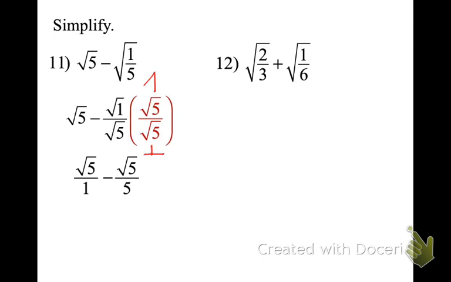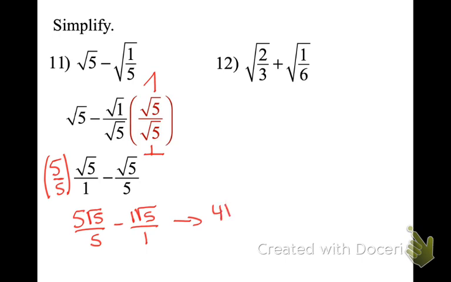I pull out a 5. Now over here, all I have to do is multiply by 5 over 5, and we end up with 5 rad 5 over 5 minus 1 rad 5 over 5, and that simplifies to 4 rad 5 over 5.